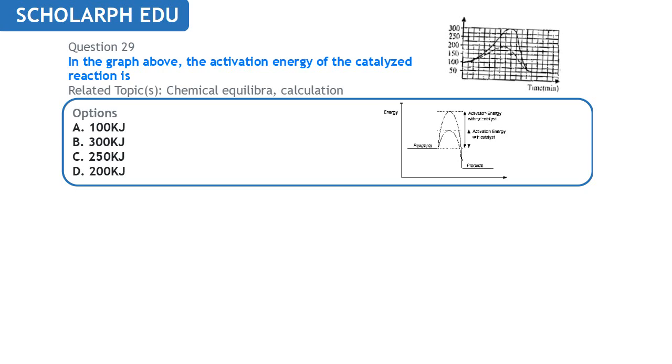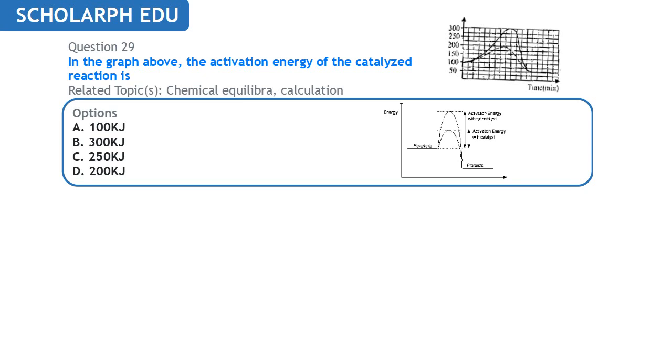So how do we find the activation energy for the catalyzed reaction? Look at this diagram here. Without catalyst, this is the activation energy from here to here. We look at the level of the reactants here and the activation complex here, trace it down to this axis and take the difference.